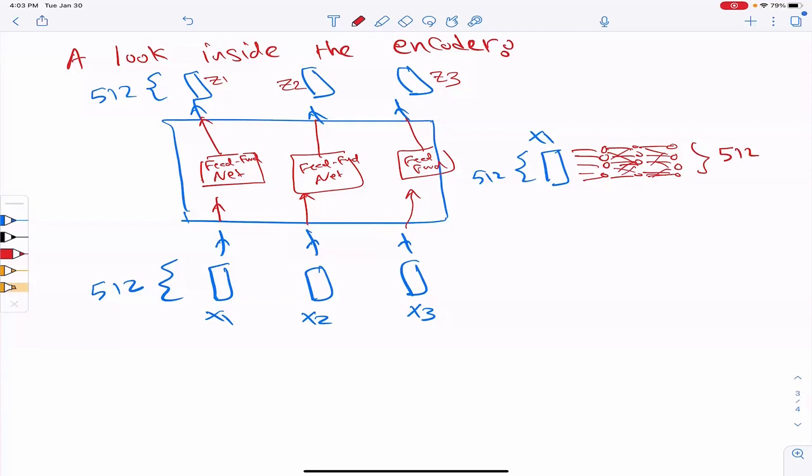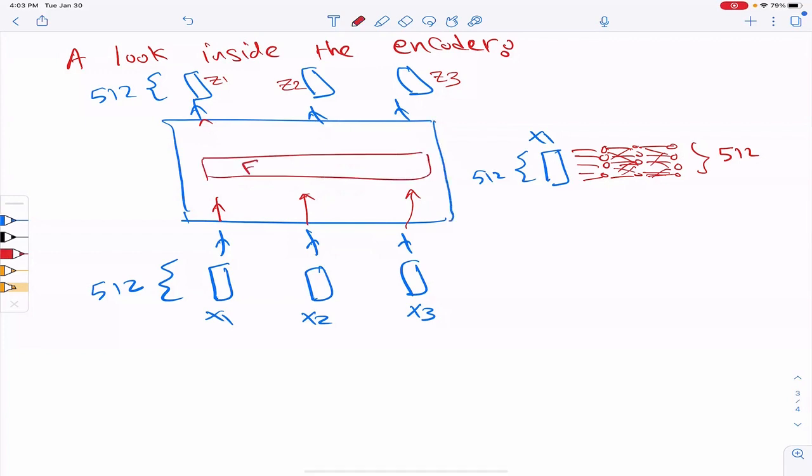As you can see, writing 3 blocks of feed-forward network is not easy. So from now on, I'm going to show this like this: feed-forward network, with an understanding that this is applied to each of the vectors and you generate the output for that particular vector.